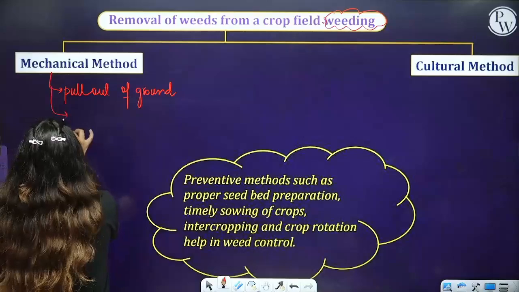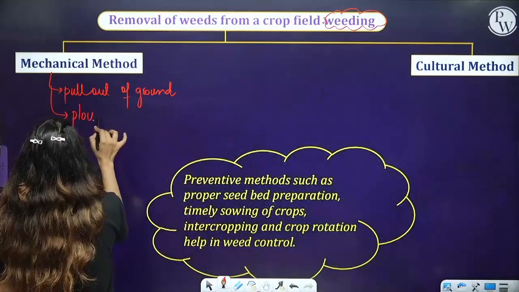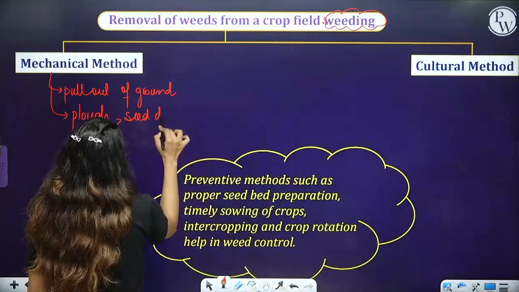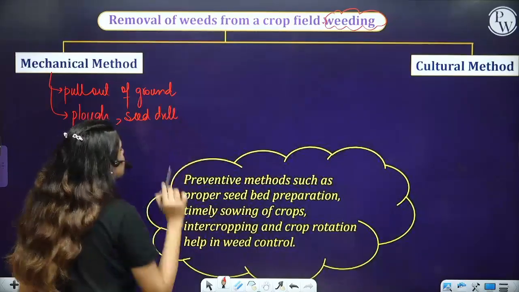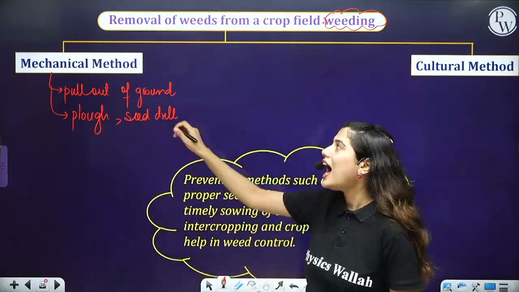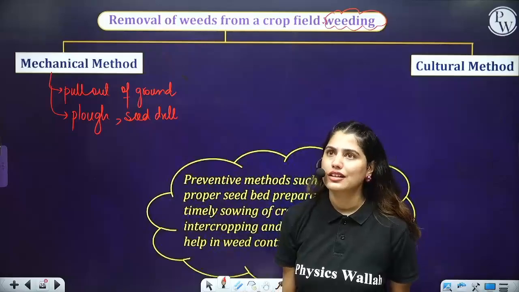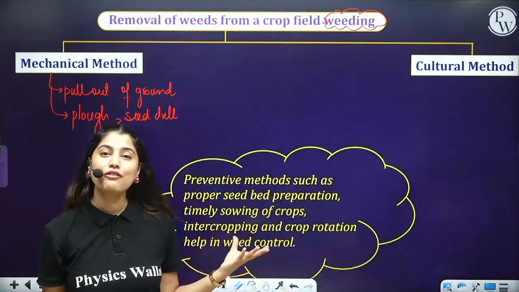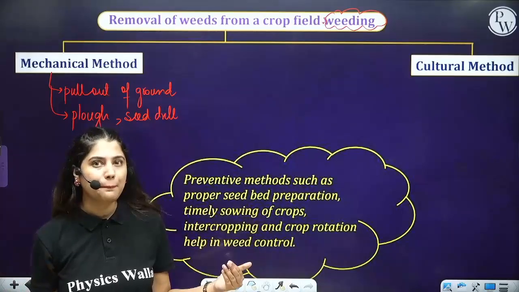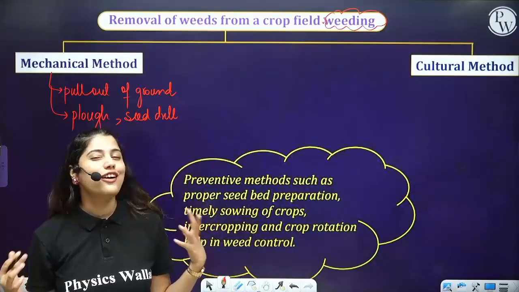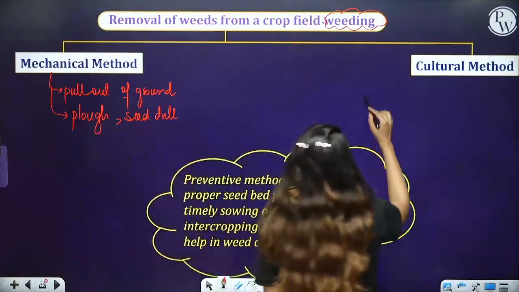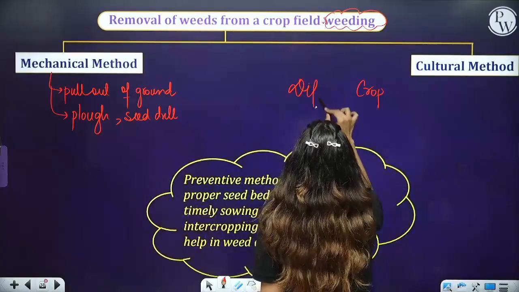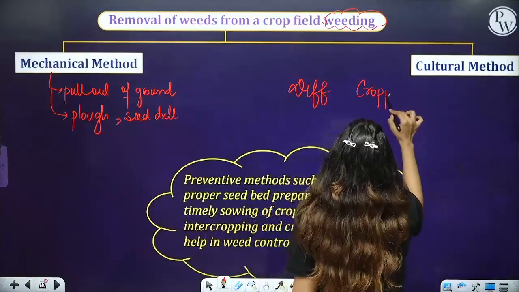So basically we can use a plow or maybe a seed drill. All these instruments, machines and tools are going to remove the weeds mechanically, physically. Or simply the cultural method. You remember while we were practicing the cropping patterns, right? Those were not allowing the weeds to grow. So I can say maybe different cropping patterns.